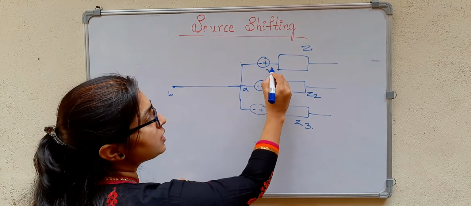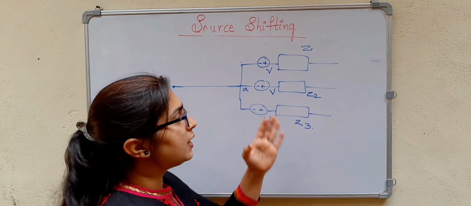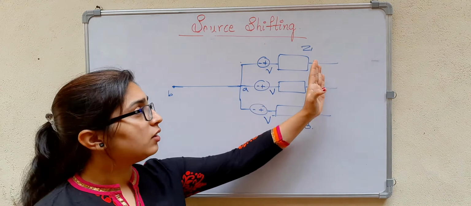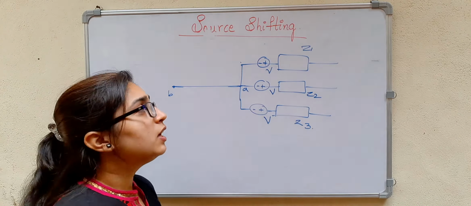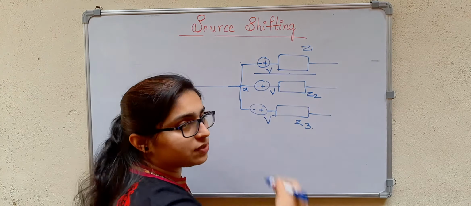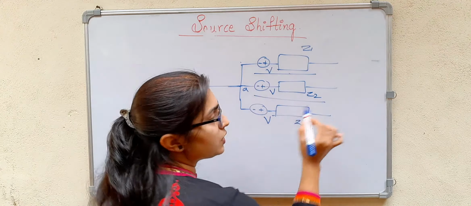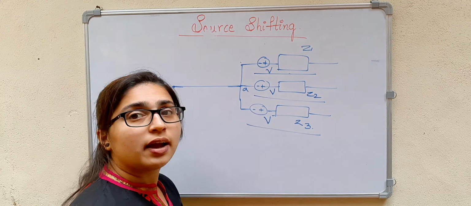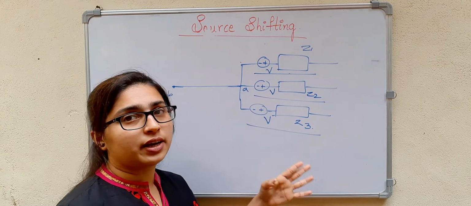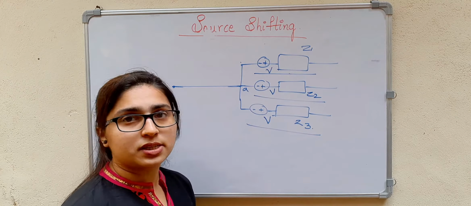I have moved this voltage source to each of the branches where it is in series with the impedance. Now I can apply the source transformation on this branch, on this branch, and on this branch, and then I can find the equivalent current source and the impedance which is in parallel with it.